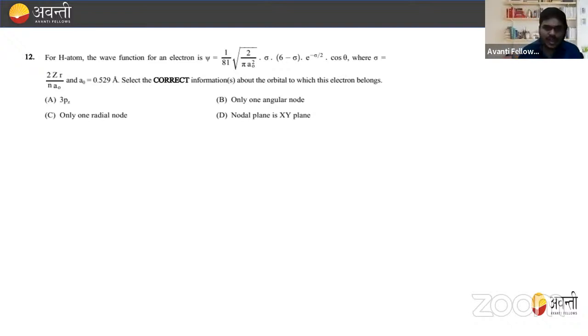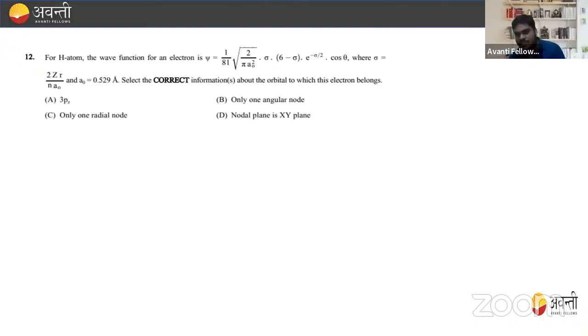For the hydrogen atom, the wave function of the electron is given by 1 upon 81 under root 2 pi a naught square, sigma e to the power minus sigma by 2 cos theta, where sigma is 2Zr upon n a naught and a naught is equal to 5.29 angstrom. Select the correct option about the orbital to which this electron belongs. You have to identify the orbital, whether it belongs to 3pz.